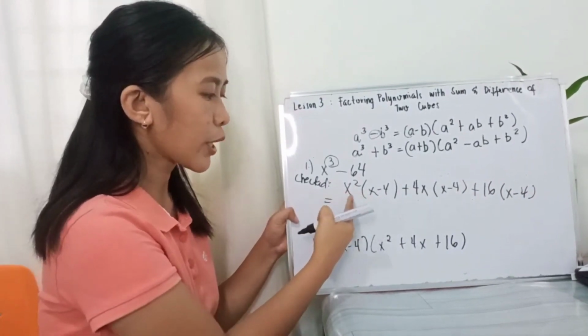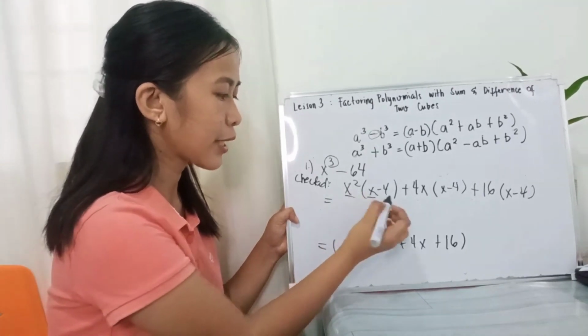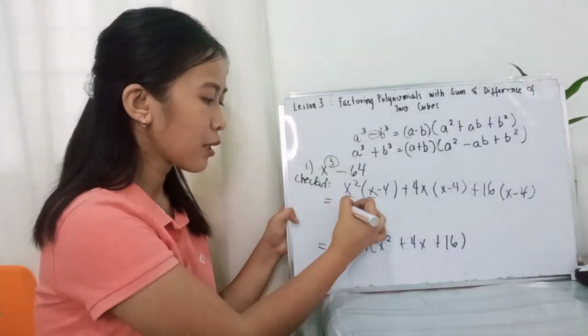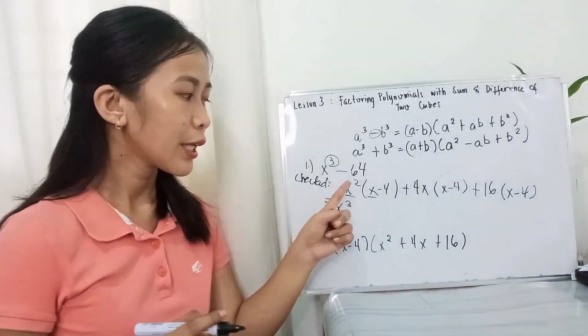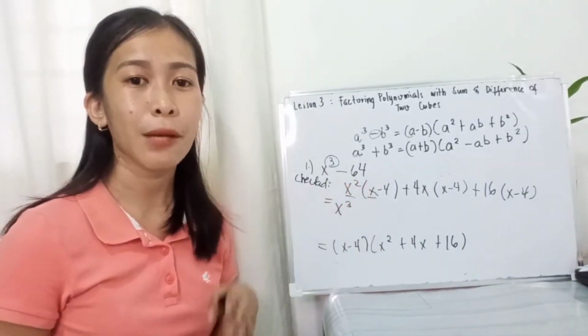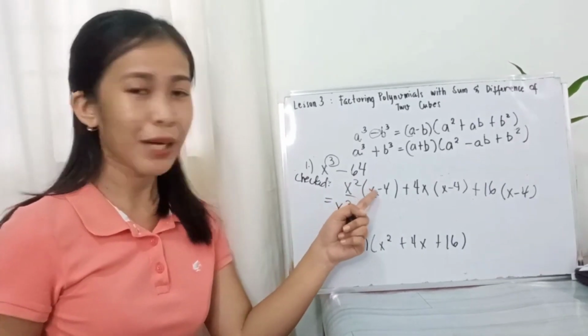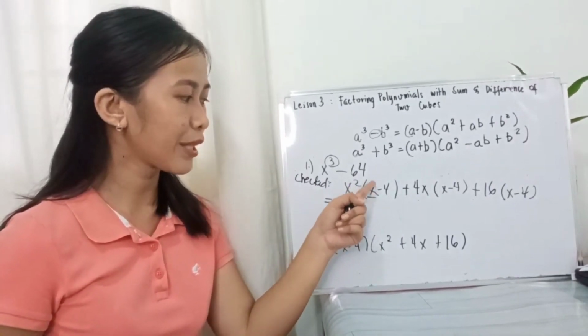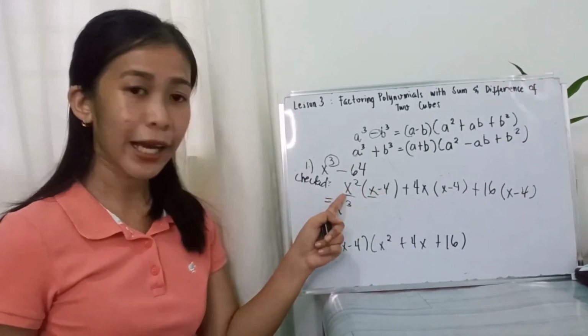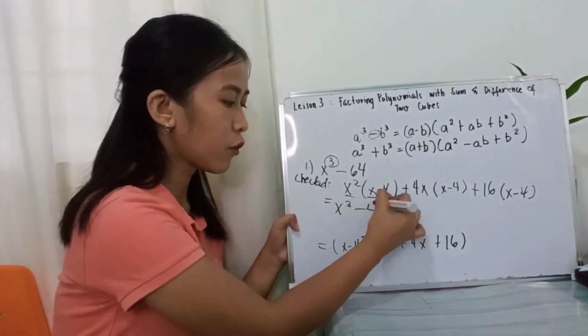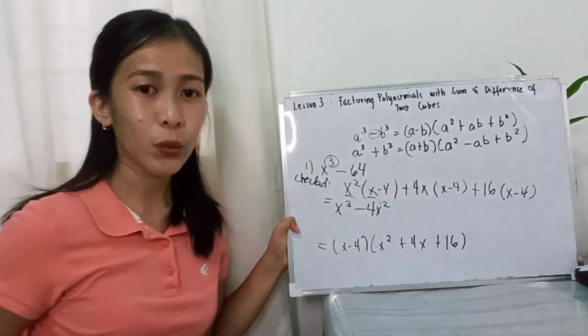Okay? X squared times x. Ayan, x squared times x. That is x cubed. Remember, kapag mag-multiply tayo ng variable, i-add natin yung exponent na mayroon sa kanila. Since ito ay automatic may 1, so that is 2 plus 1, that is 3. Okay? Negative 4 times x squared, that is negative 4x squared.